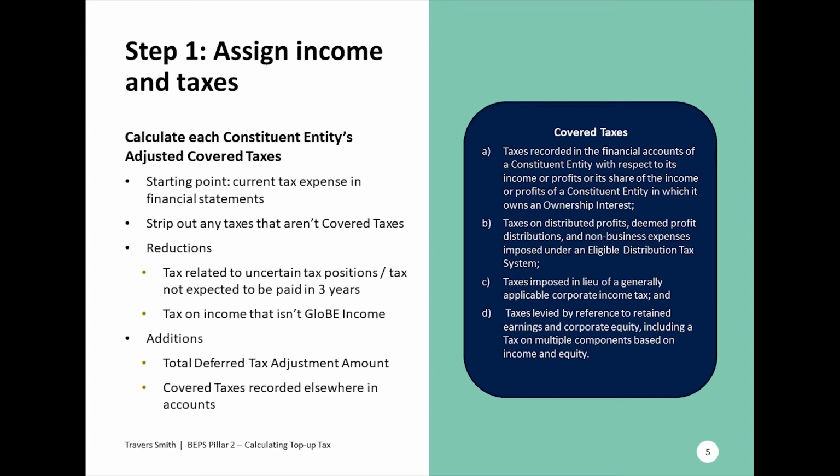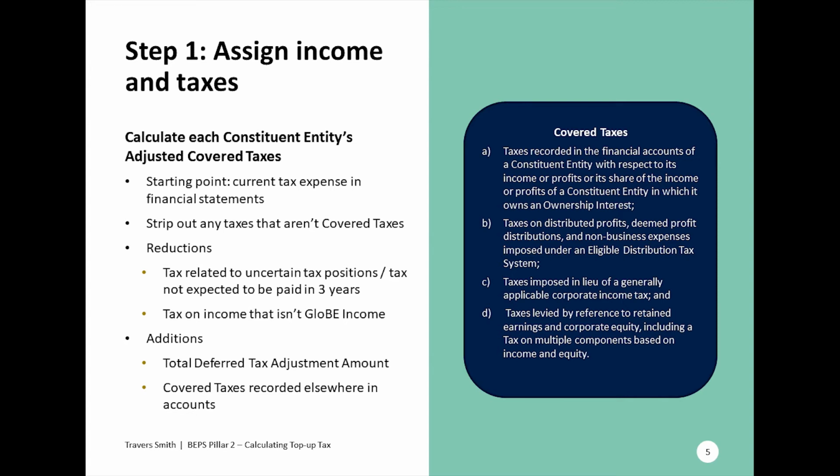Finally, you'll need to make a reduction for tax on income that isn't GloBE income. So you remember that we stripped out excluded equity gains and shipping income from the income a couple of minutes ago. If there is any tax included in the current tax expense on those sorts of income and gains, then that will need to be removed. Then there are some additions.